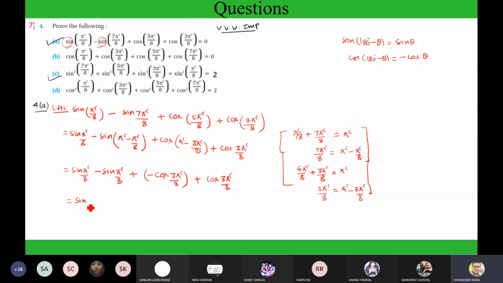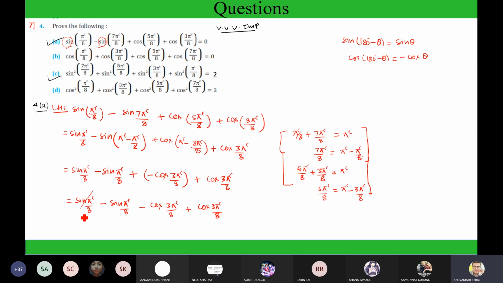This is equals to sin pi radian by 8 minus sin pi radian by 8 minus cos 3 pi radian by 8 plus cos 3 pi radian by 8.